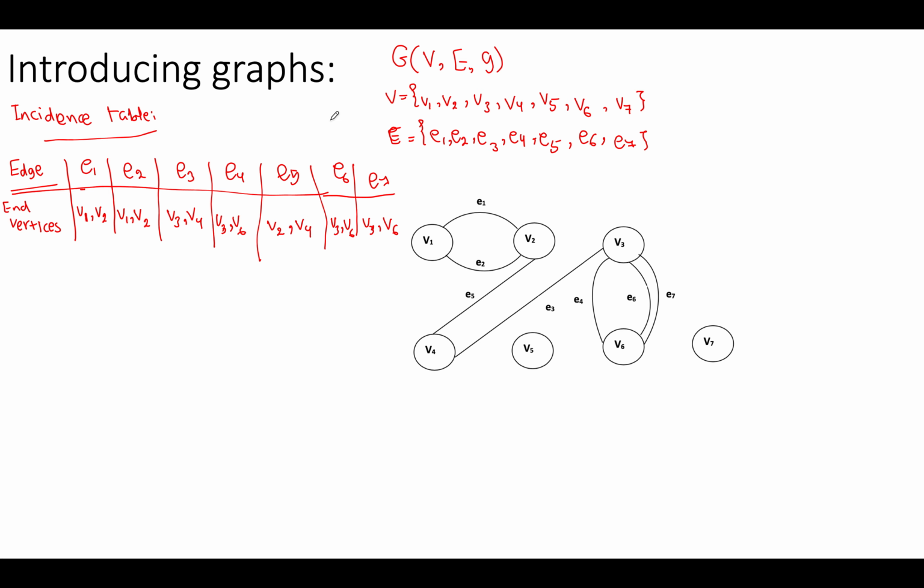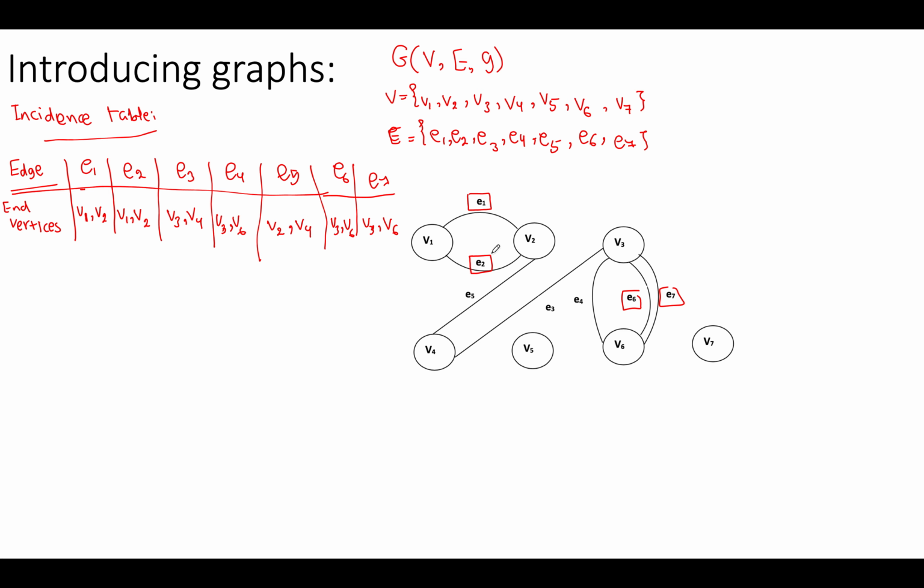So here we just wrote the definition of the following graph. Now from here, we can introduce some terminologies. You notice that E1 and E2 have the same endpoints. E1 is connecting V1 and V2, and E2 is connecting V1 and V2. Also, E6 and E7 are connecting the same endpoints.